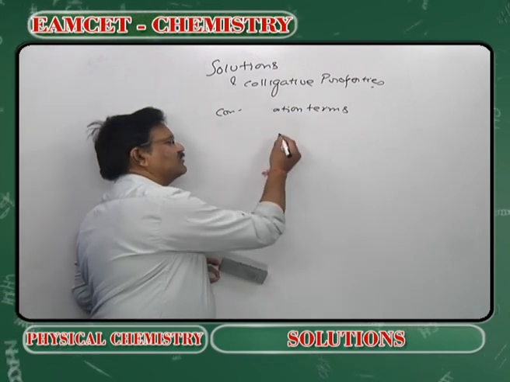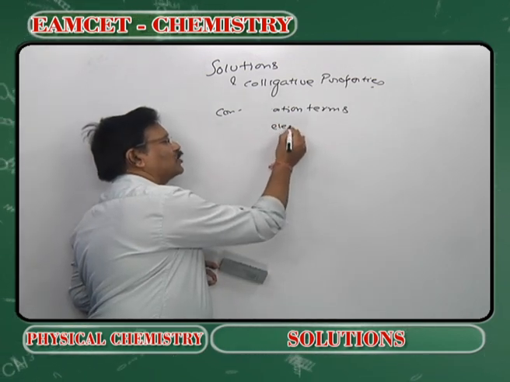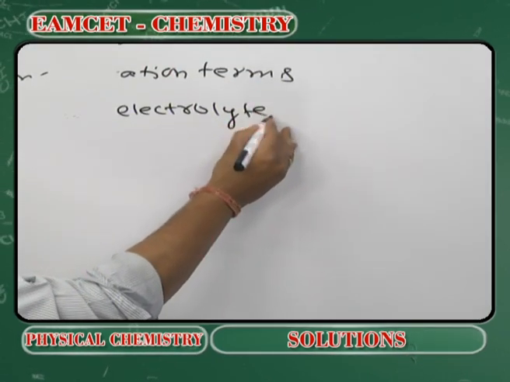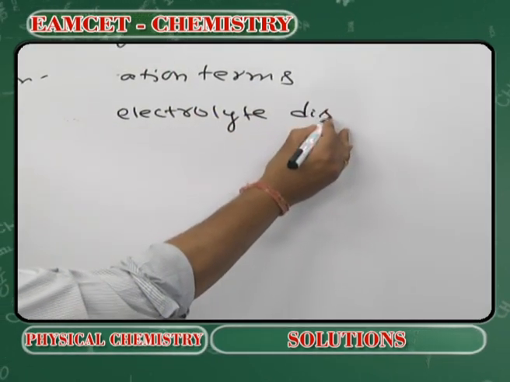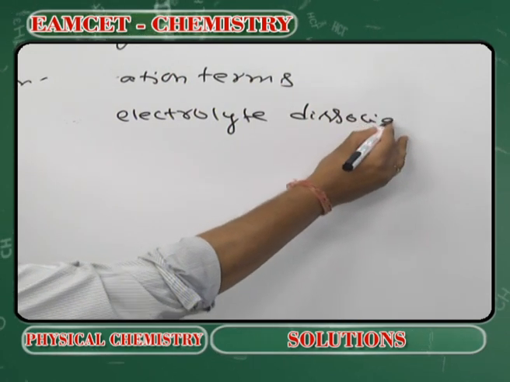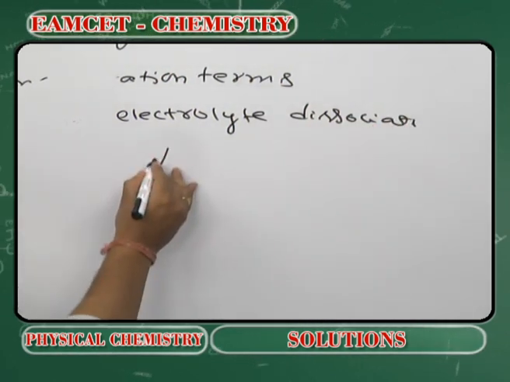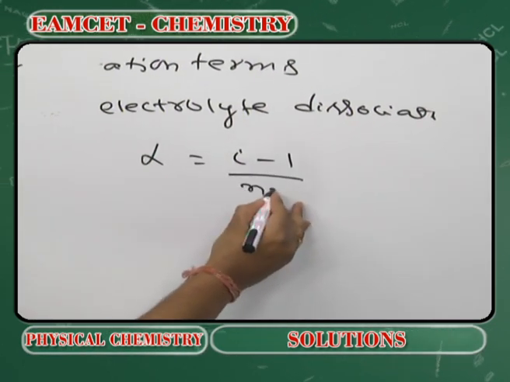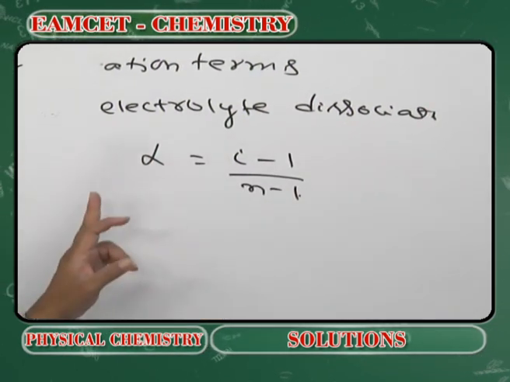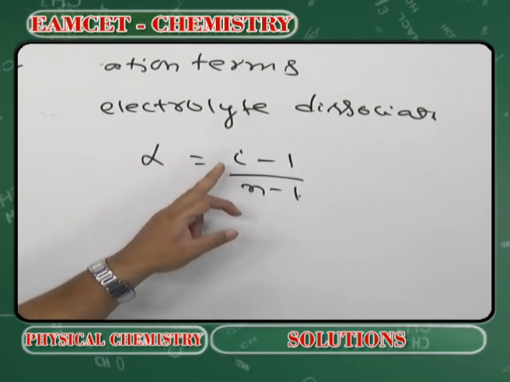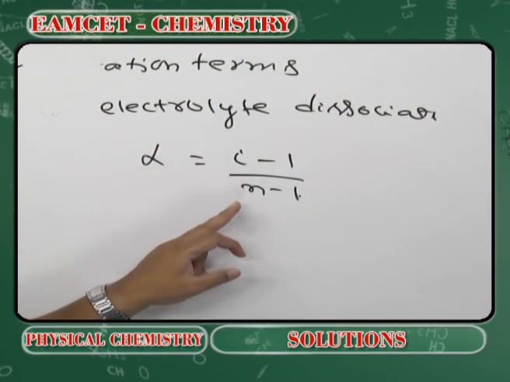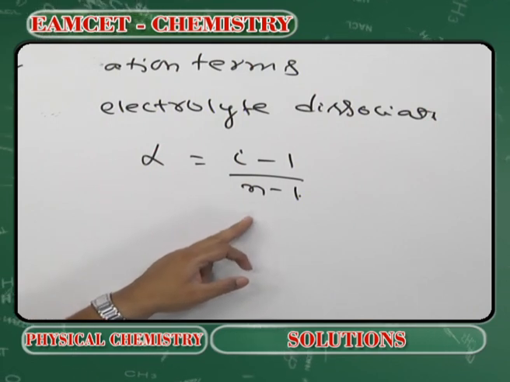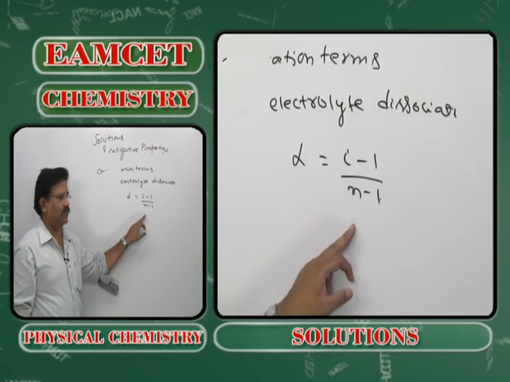Suppose the electrolyte undergoes dissociation, alpha is equal to (i minus 1) by (n minus 1). What is alpha? Degree of dissociation. What is i? Van't Hoff factor. What is n? Number of particles formed due to the dissociation of 1 mole of the electrolyte.